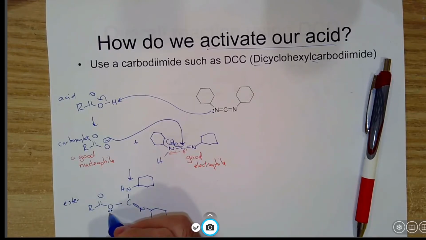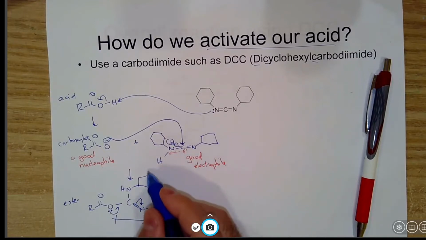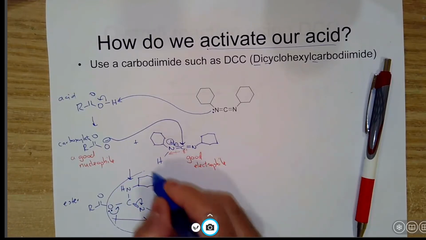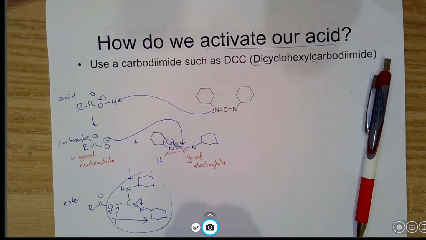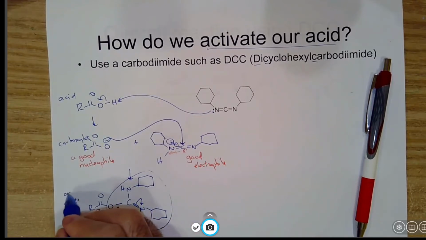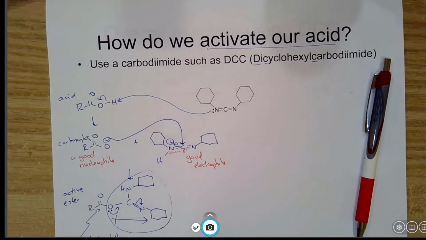However, you do have a strong resonance form moving in this direction, meaning that this whole group is actually quite a good leaving group. Therefore, this makes this carbon very electrophilic. So we call this not just an ester, but an active ester, a very electrophilic form.